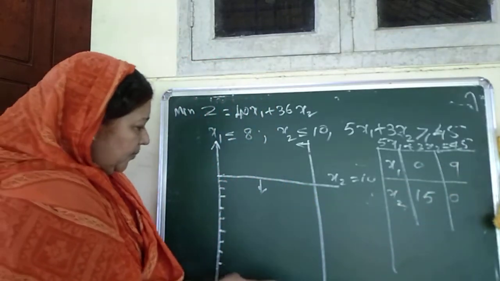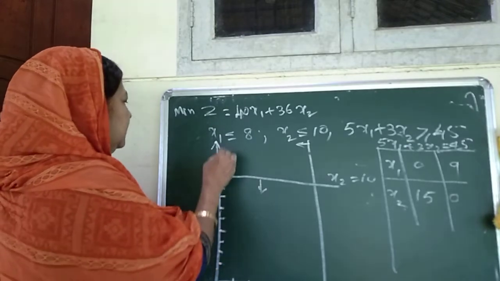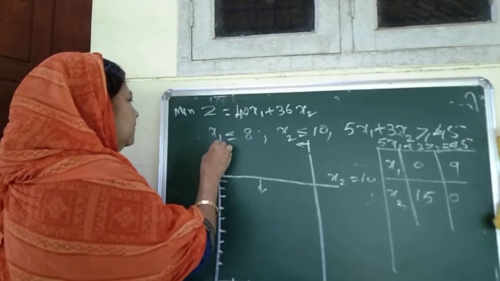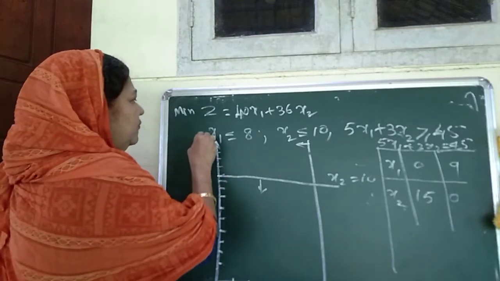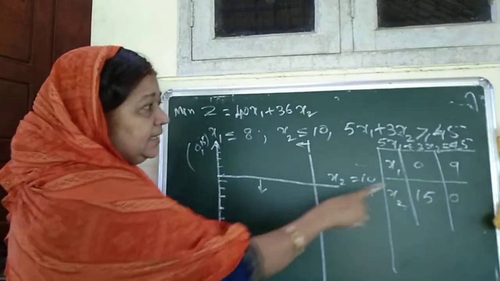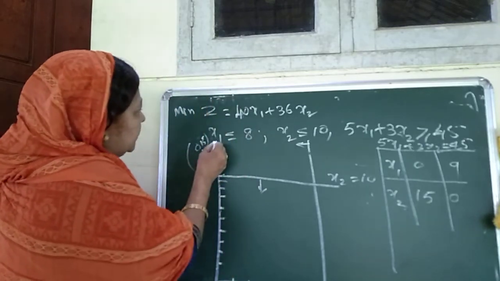So we can find the points. The first point is 0, 15. Then the next point is 9, 0. So we can join these two.